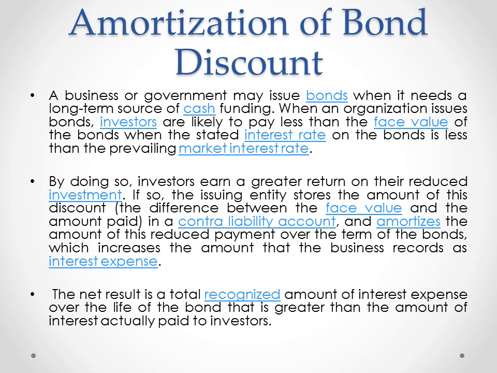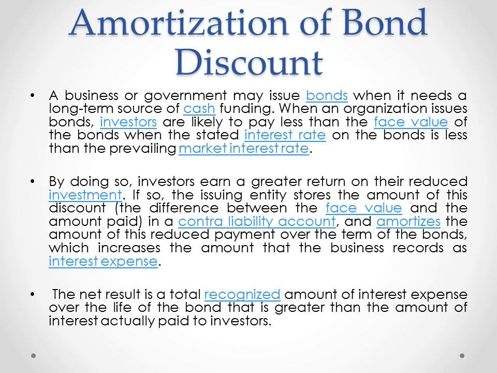So this will create what we call discount on bonds payable. Now this amount, the company will record in a contra liability account, which is called discount on bonds payable. This amount is actually an increase in the amount of interest expense that the company will be recording to the bondholder each period.